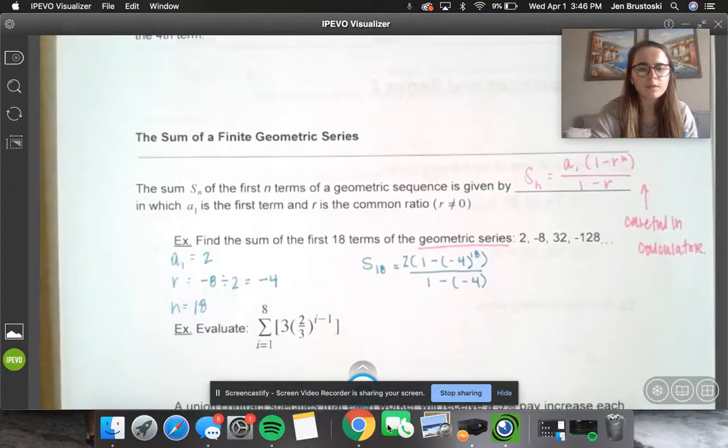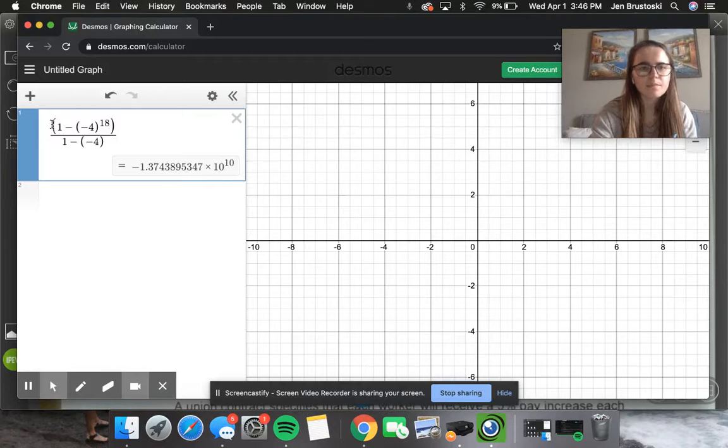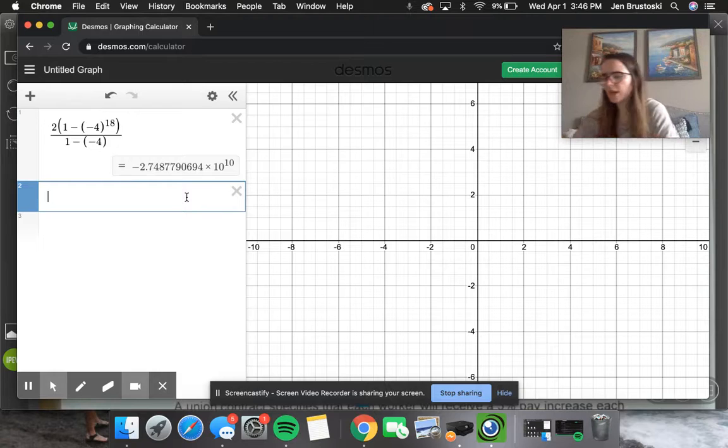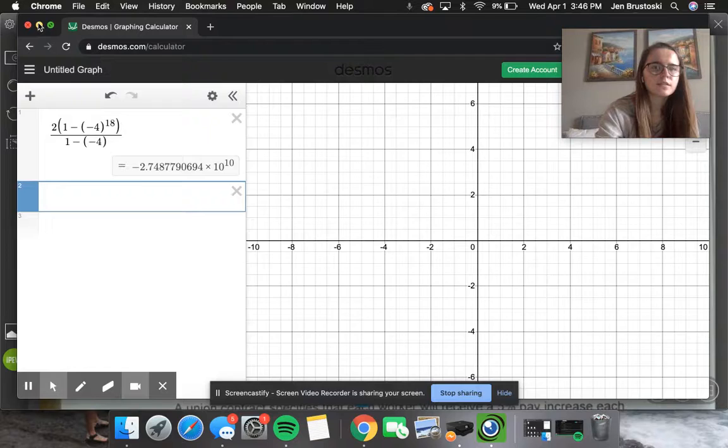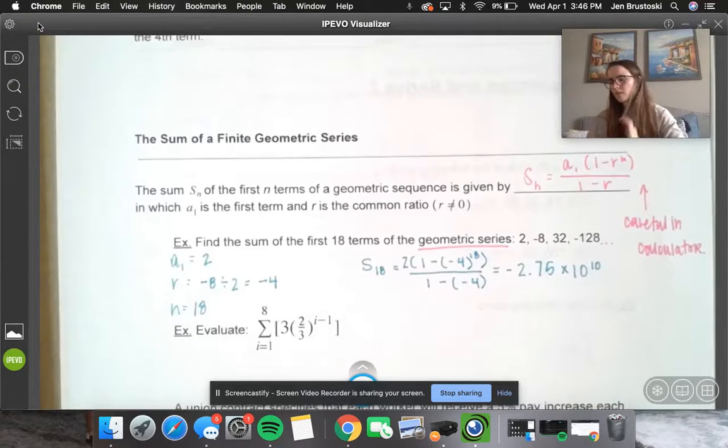When we type it in, it should be 2 times that. Okay, that looks a lot better. So we have -2.75 times 10 to the 10th as our answer there.